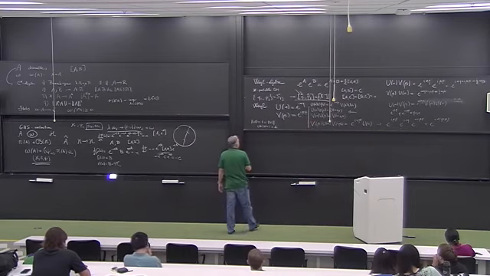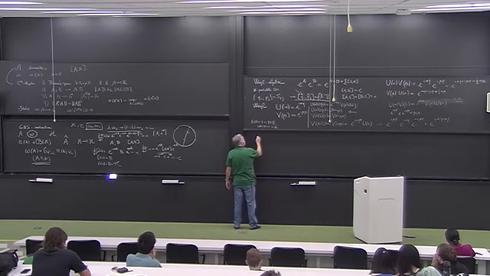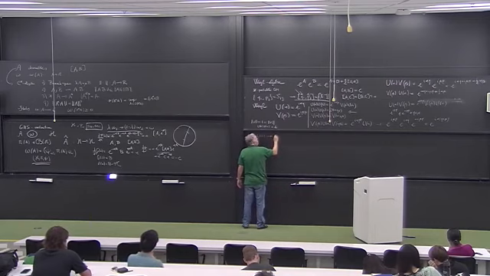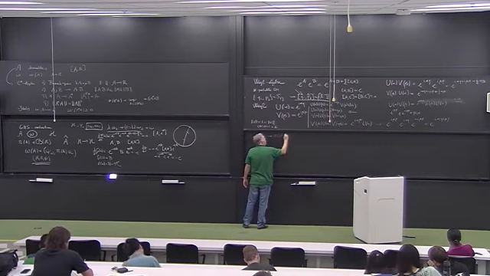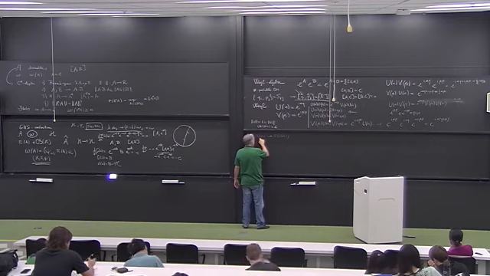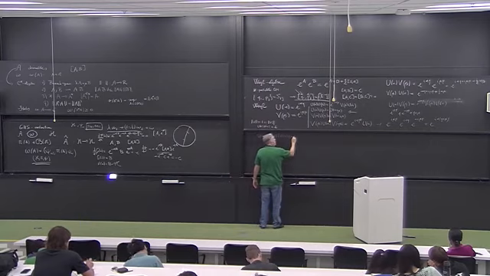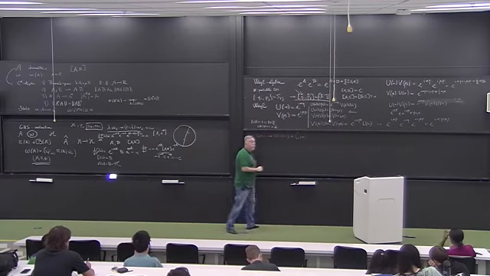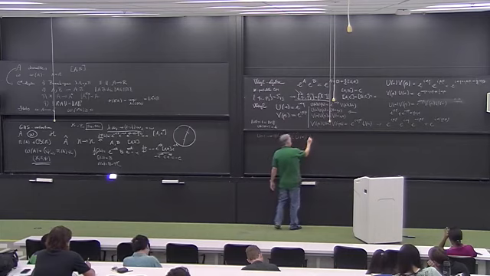Now we look for representations, which means we want a pi of U of alpha, a representation of this element of the algebra by an operator in a Hilbert space.